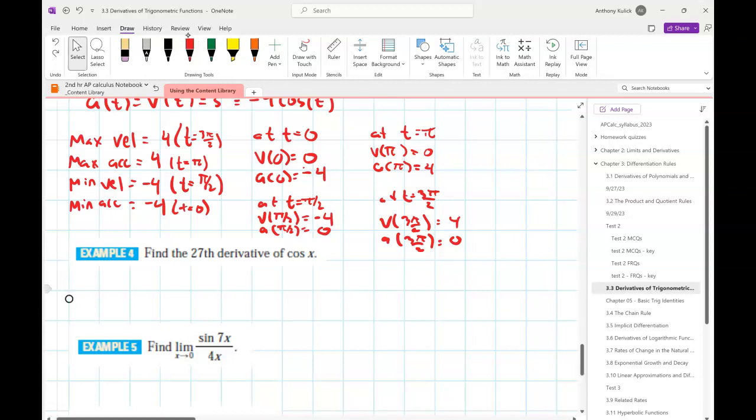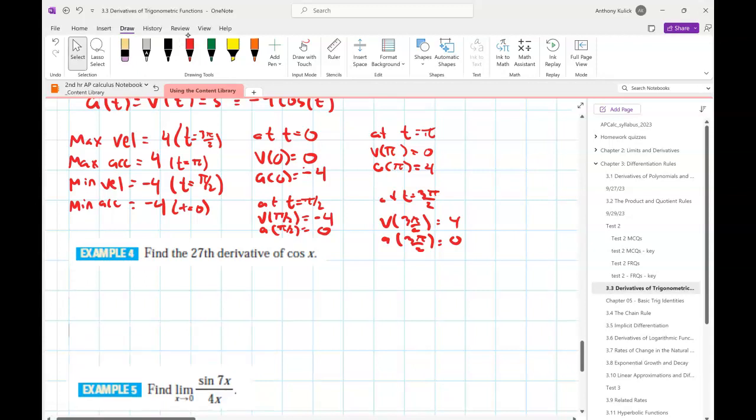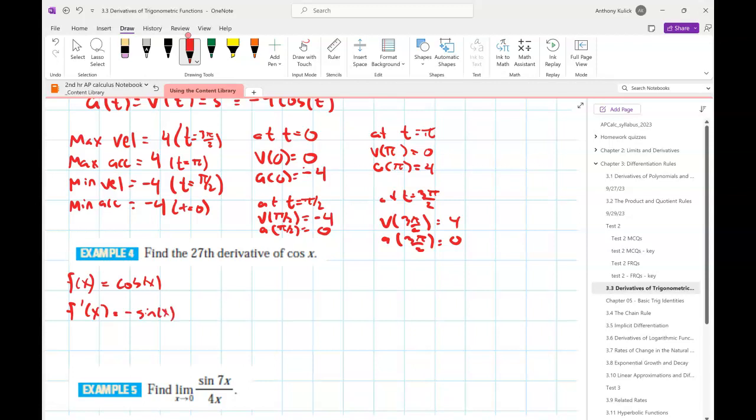All right. 27th derivative of cosine. Well, if we say that y is equal to cosine, actually let's do f of x. I don't want to draw 27 primes, right? That seems excessive. The first derivative is negative sine.